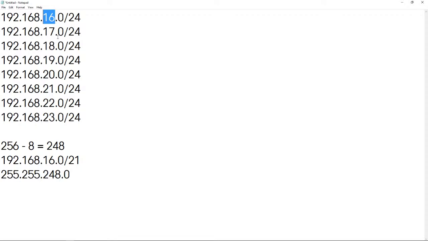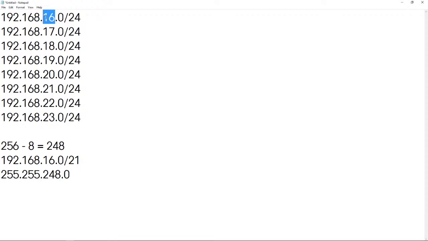It's kind of a quick cheat sheet way of figuring out what the summary range could be. You could do a block of 4, you could do a block of 8, you could do a block of 2, because all of those result in a whole number when you use them as the denominator, but you could not do, say, a block of 5, right? You could not do a block of 7.